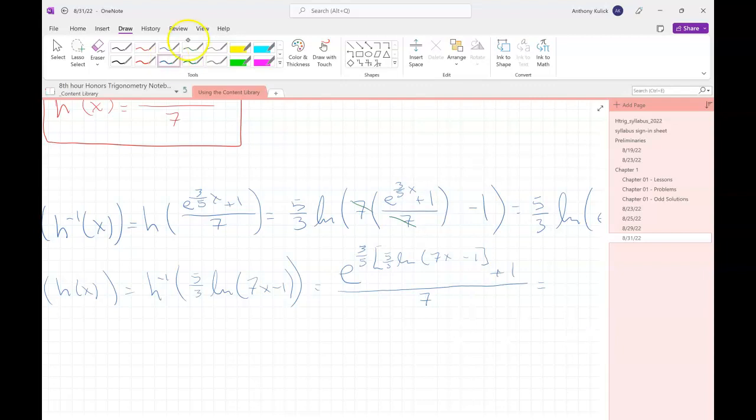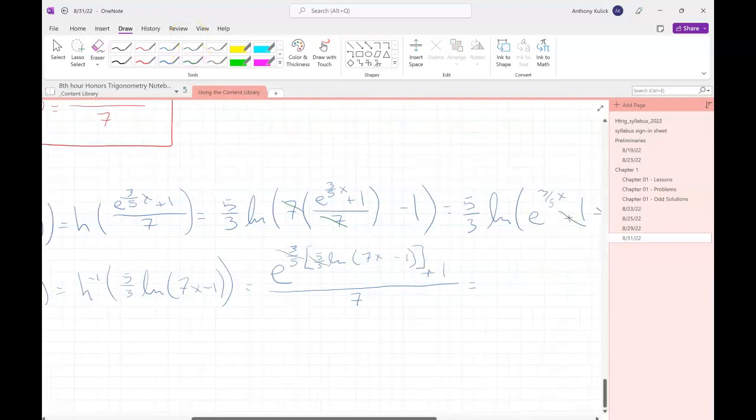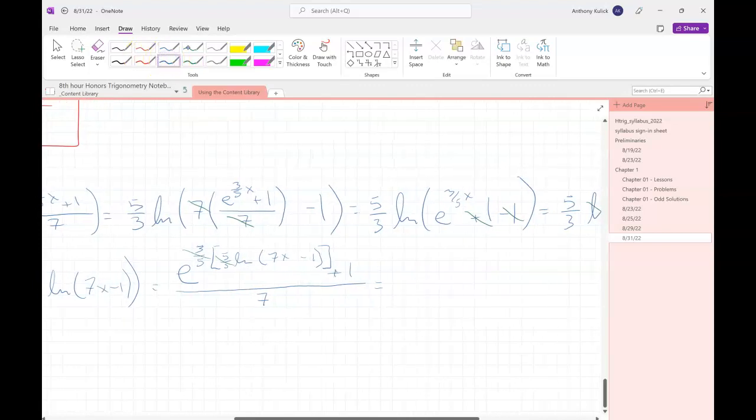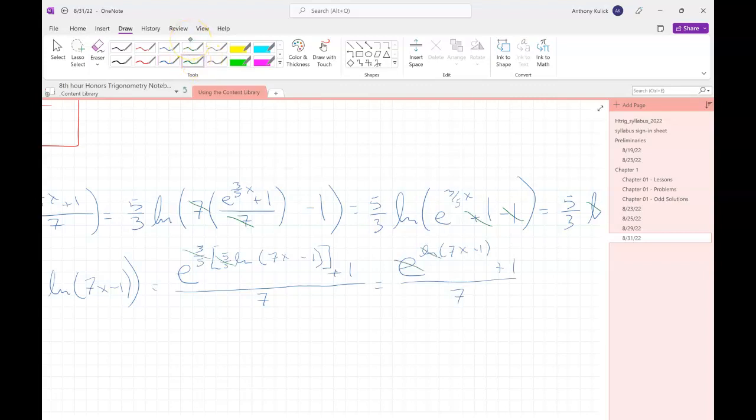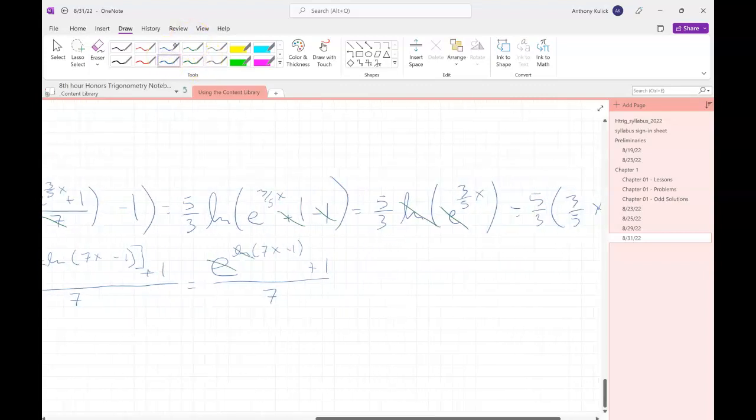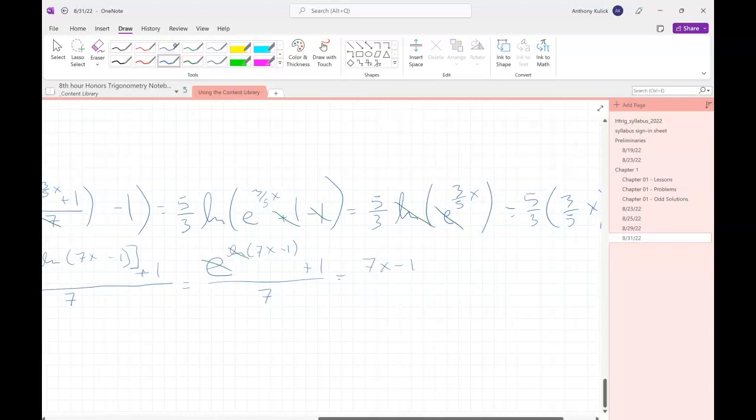Sorry, I had missed a closing parenthesis there. There we go. All right. 3/5 times 5/3 gives me e to the natural log of 7x minus 1. Still have my plus 1, still over 7. E's and natural logs cancel out. So I have 7x minus 1 plus 1 over 7. Plus 1 minus 1 go bye-bye. 7x over 7 is just x.